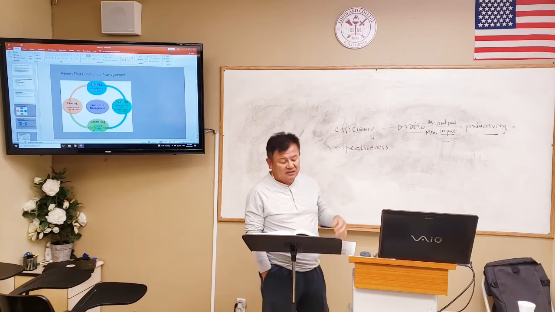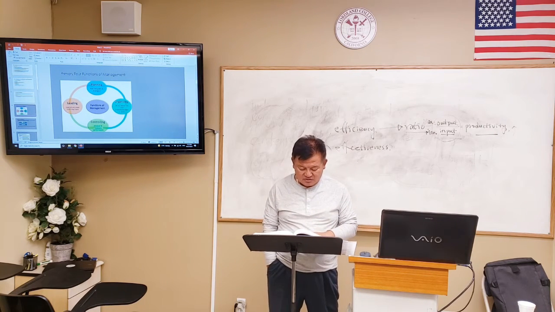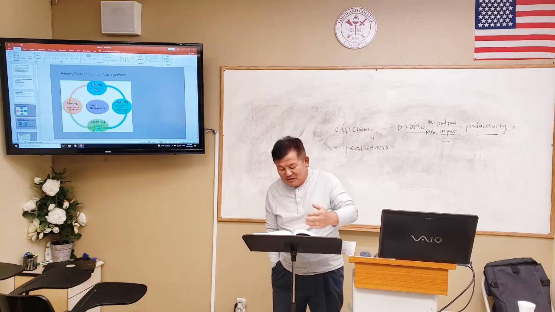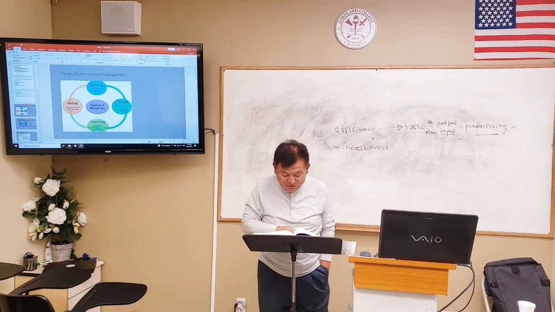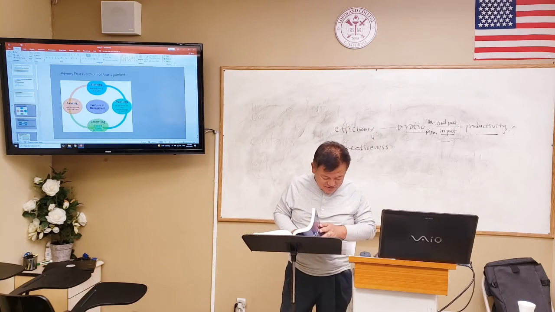Okay, these two subjects are mostly in the introduction to business subject. For the midterm exam: what is the difference between efficiency and effectiveness? This is the regular question for midterm and final exams in the introduction to business part.